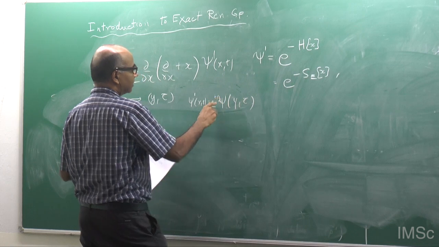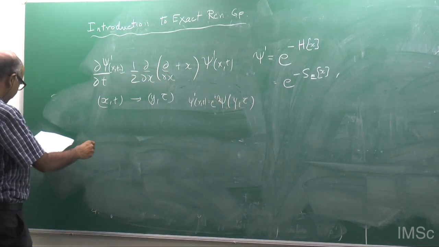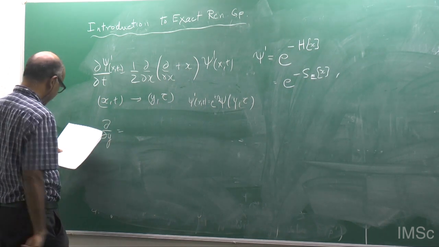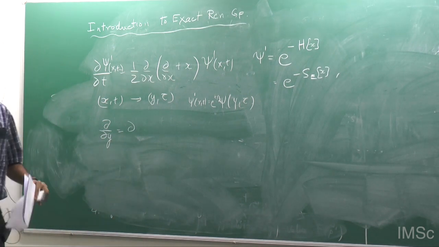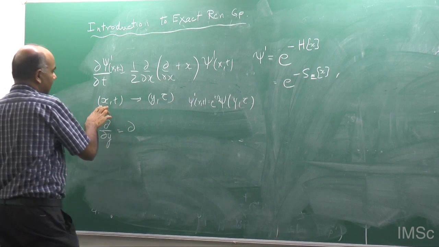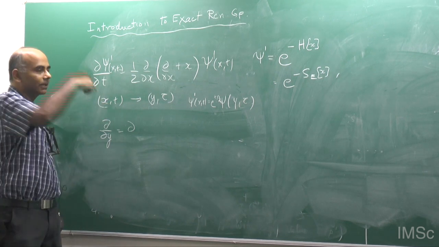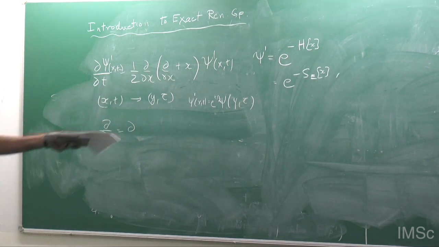This factor is not very important, but we'll bring that in. Here x and t are just two variables. Later on, x will become the field, t will become the RG scale. We'll see that in the next step, not immediately after this.